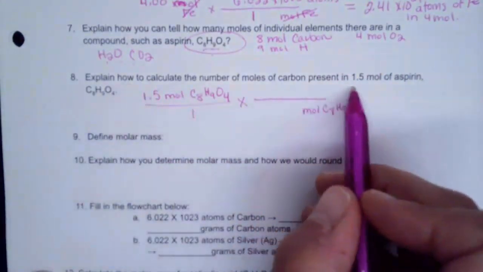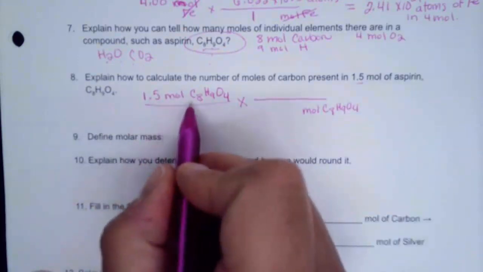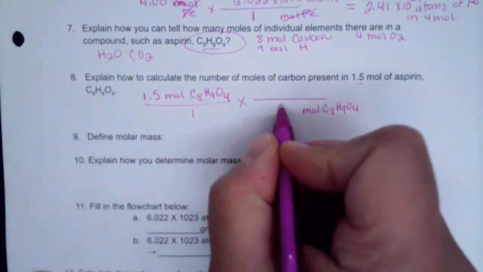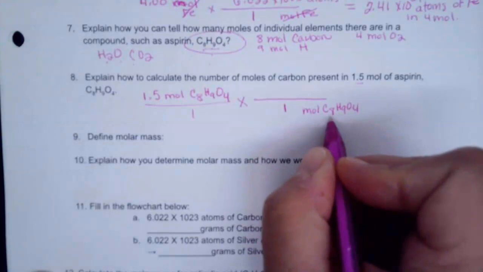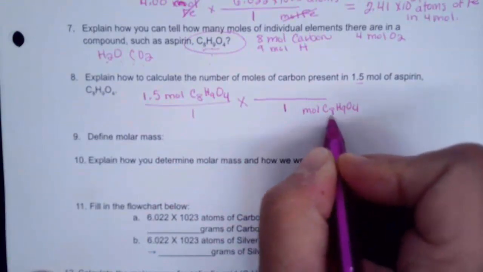And the problem tells us that we have 1.5 moles of aspirin. So that's here. We know that in 1 mole of aspirin, there are 8 moles of carbon, C8.